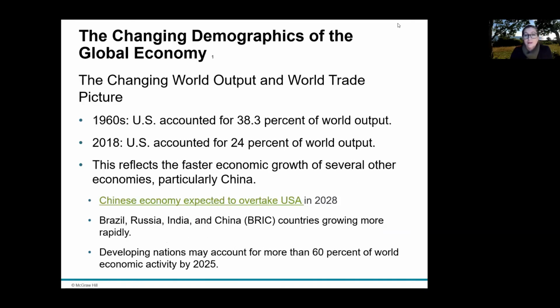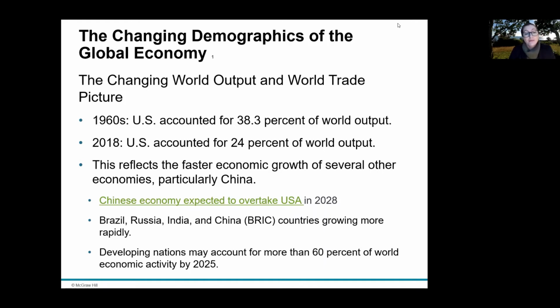Okay. All right. Let's talk about the changing demographics of the global economy. Changing world output and the world trade picture has definitely changed for the US, and not for the better, actually. In the 1960s, the US accounted for more than 38% of world output, whereas in 2018, the US accounted for just 24% of world output. And this fact reflects the rise of China.